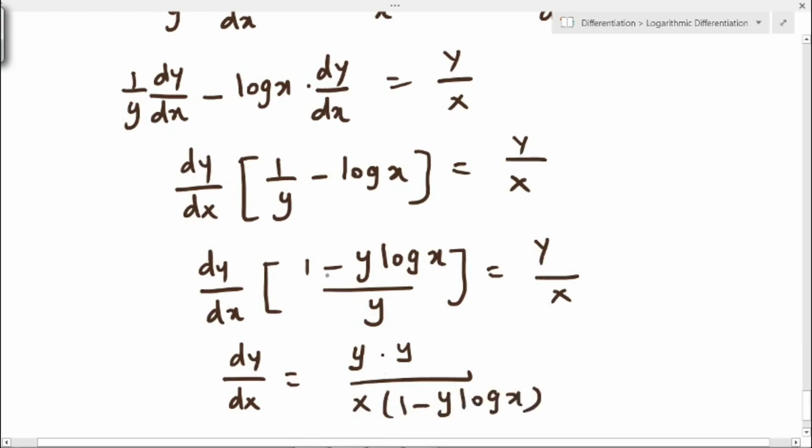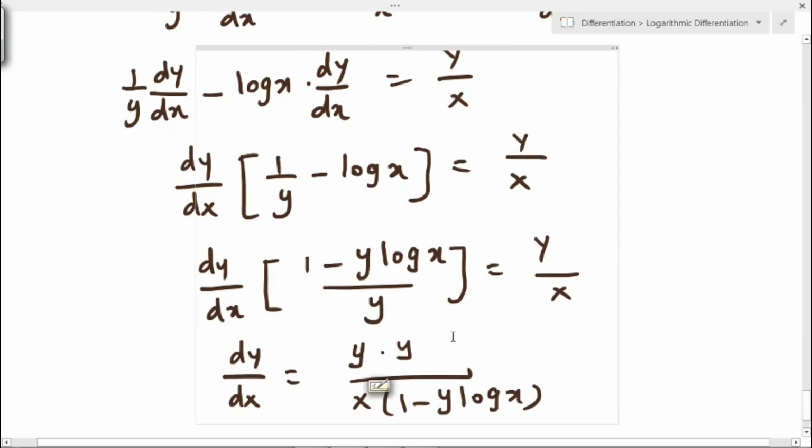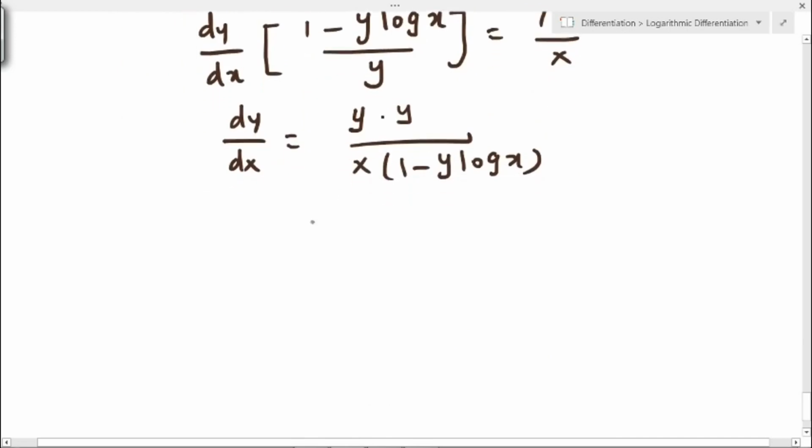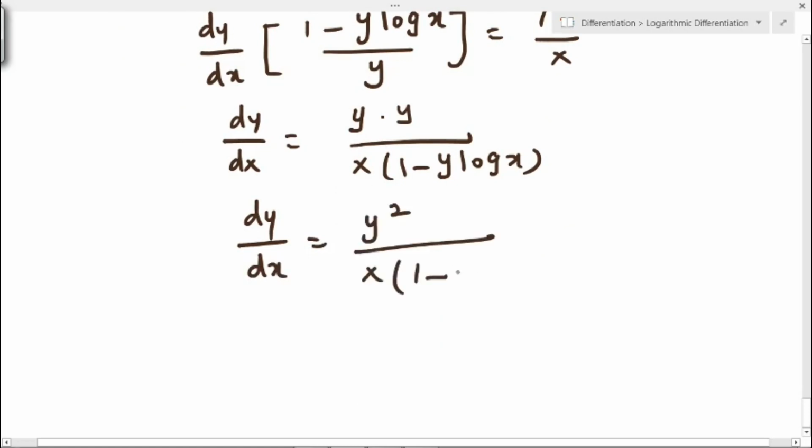So I am taking this 1 minus y log x by y. If you take it to the other side, it will become y by 1 minus y log x. Okay, that is dy by dx equal to, multiply y into y, that is y square divided by x into 1 minus y into log x. So this is the answer for that, x power x to the power x and so on till infinity.